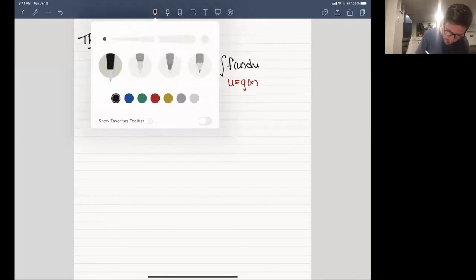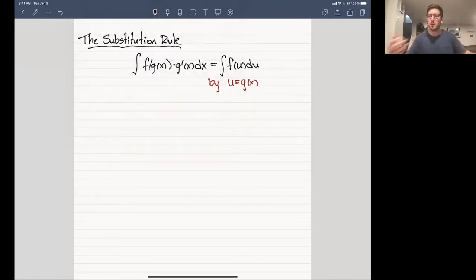So it's exactly the same principles. We've just been using f as a single exponent function, right? So f of u is equal to u to the power of n. But this works for any general f.